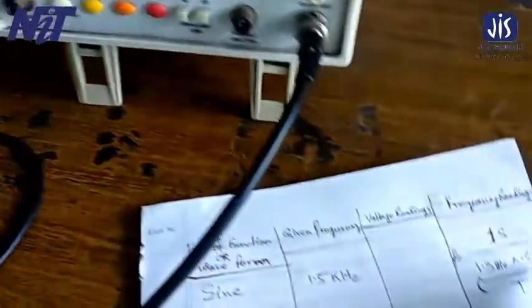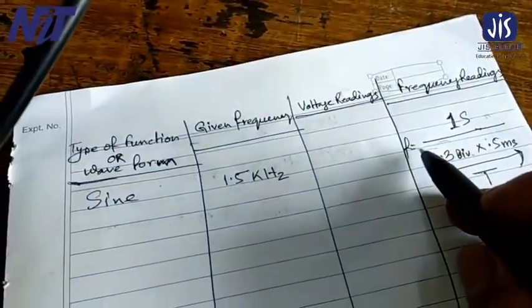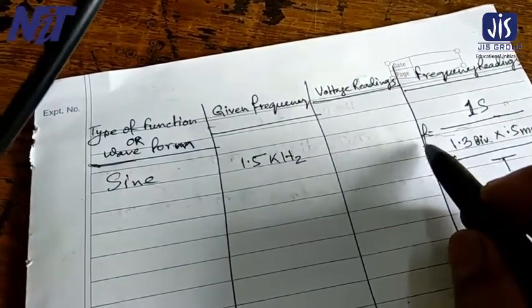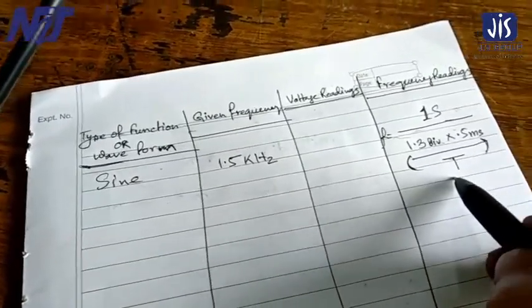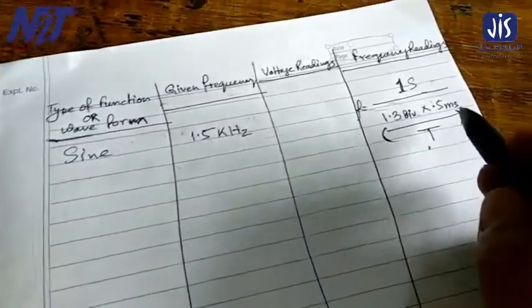So frequency is equal to 1 second unit time divided by the total T, the duration of a single time period.